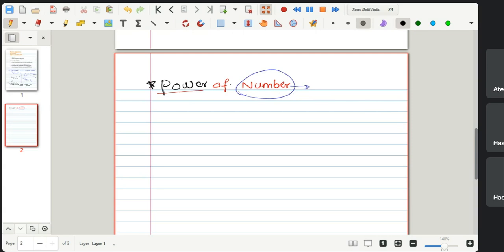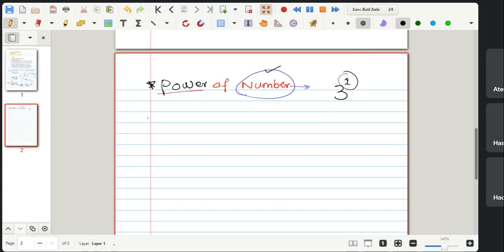And the power of numbers. So actually, what is meant by the power of a number? We will see that. In mathematics, the power of a number means we see these things. This is number 3. So what is the power of this number? If nothing is written with the number, you will see that the power of the number is 1. This 3 has by default a power of 1.